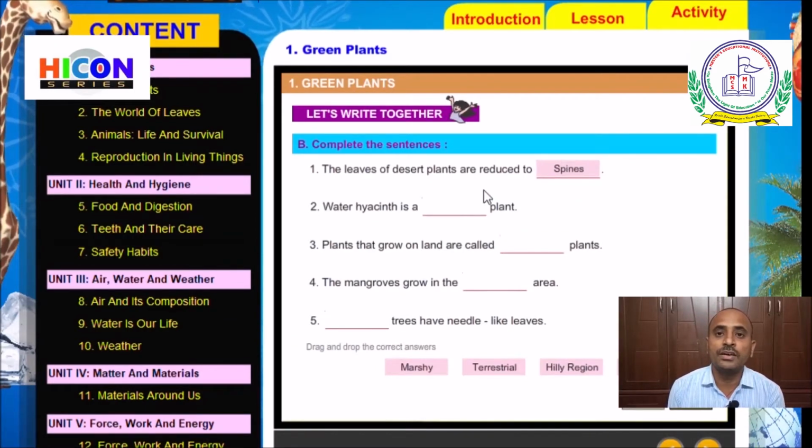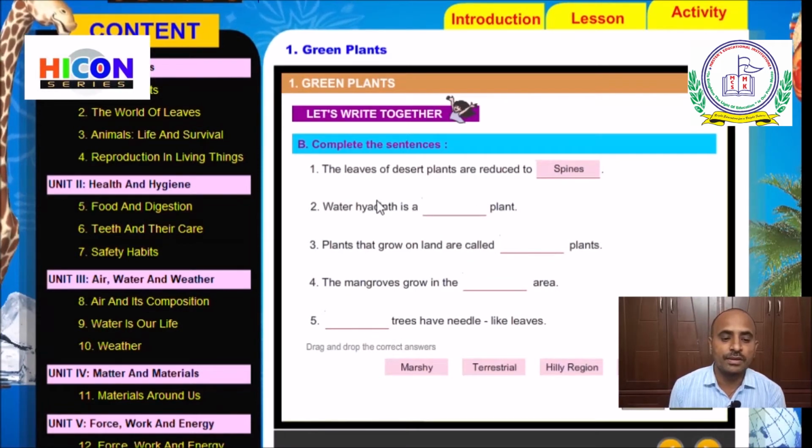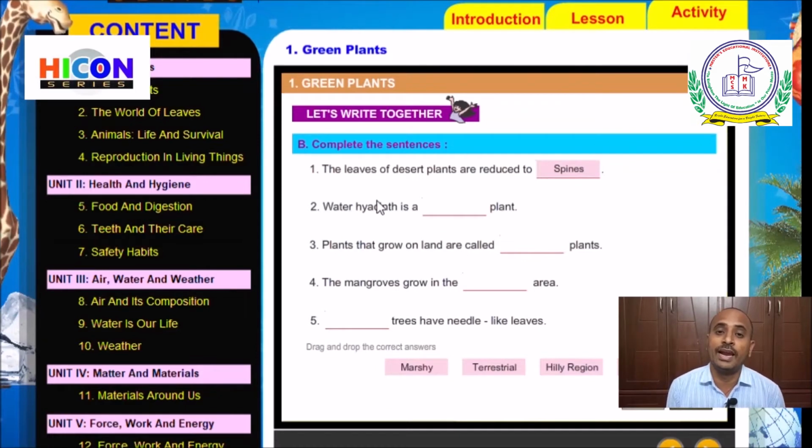So children, read the second sentence. Water hyacinth is a dash plant. Already we have discussed in the previous activity that water hyacinth is an aquatic plant, and there are 3 types of aquatic plants, that is floating plants, fixed plants and submerged plants.